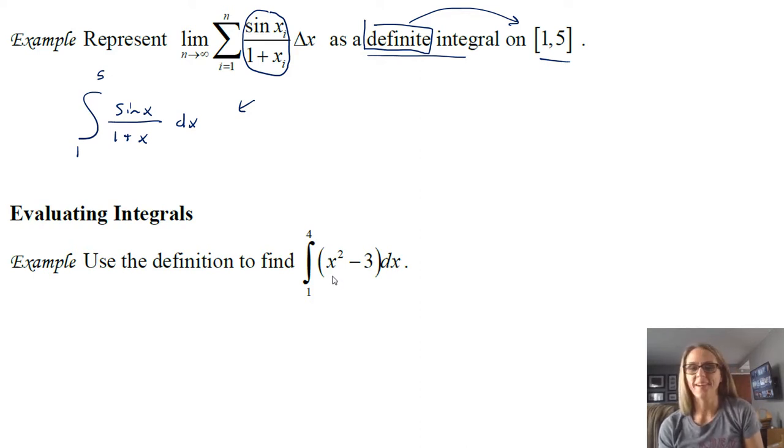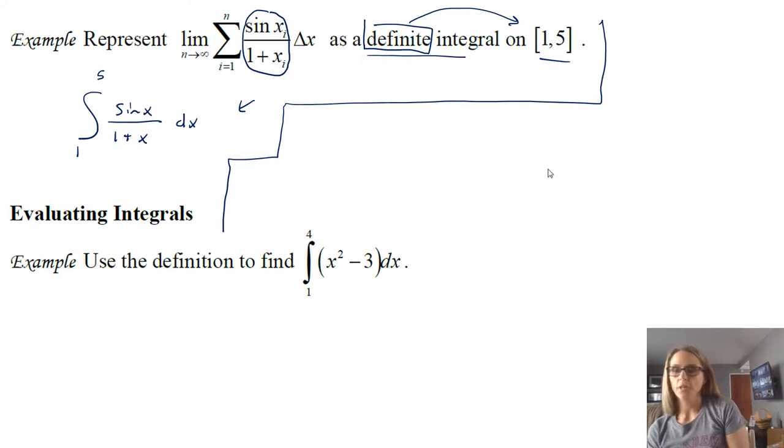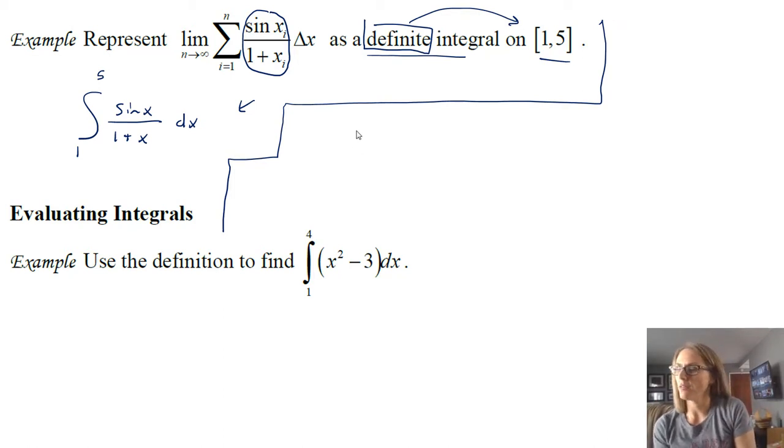Okay, so the idea behind this is, and I may need a little bit more space, so I'll just start it up here. Okay, so let's take some of the information that we got in the last section. So in this case, let's start with delta x, which is b minus a over n.